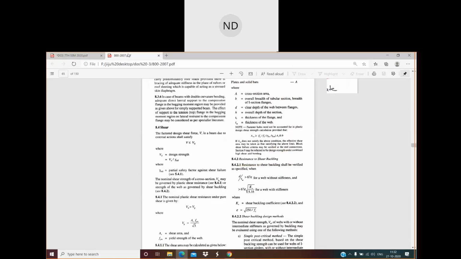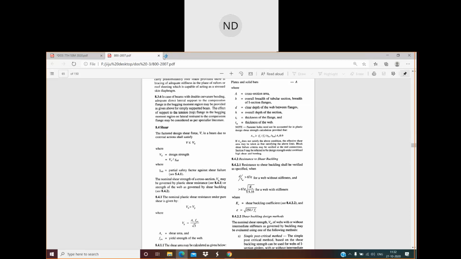Now you see here, resistance to shear buckling shall be verified as specified when d by tw is greater than 67 epsilon for a web without stiffeners, and greater than 67 epsilon root over kv by 5.35 for a web with stiffeners.